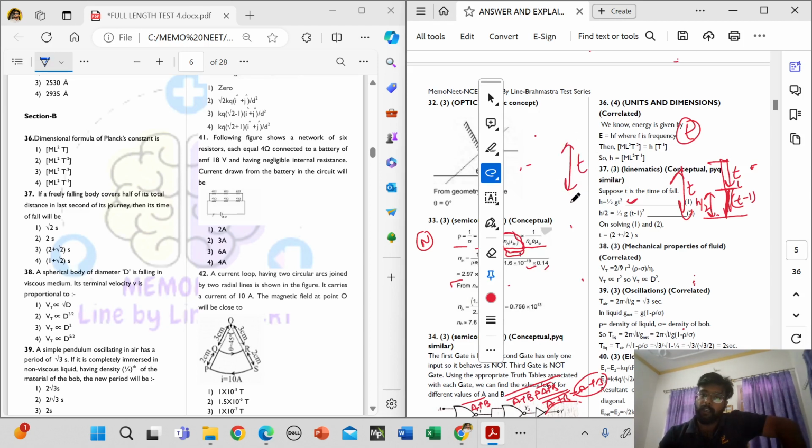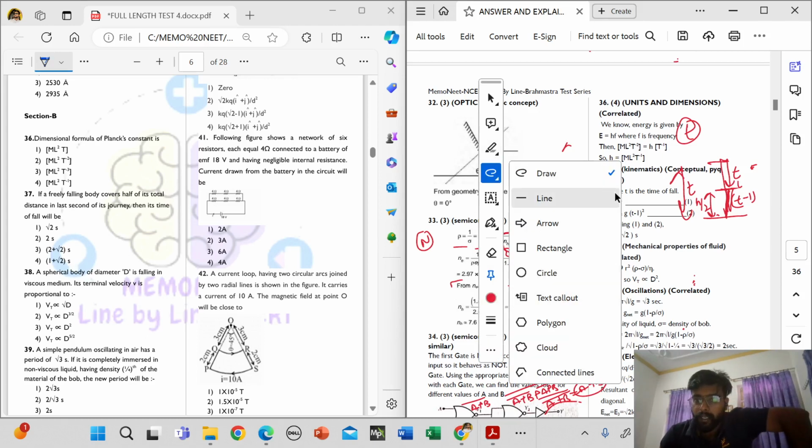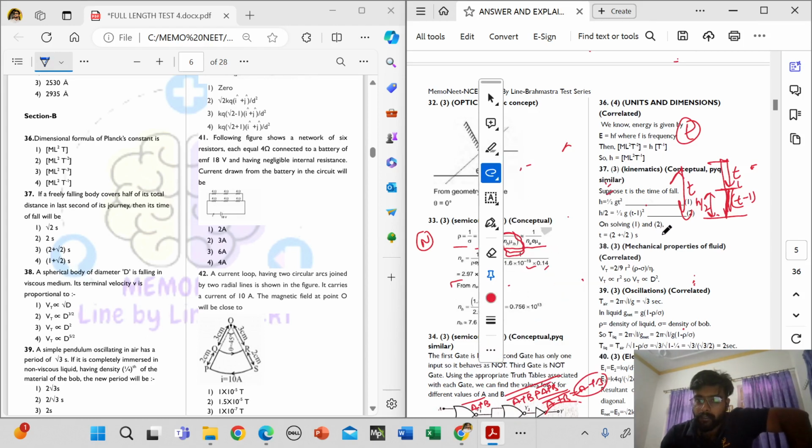So in the rest, the t minus 1 time, it covered h by 2 distance, and in the last 1 second it covered the next h by 2 distance. So from there we get this second relation, and we put the value of h from equation 1 into it.